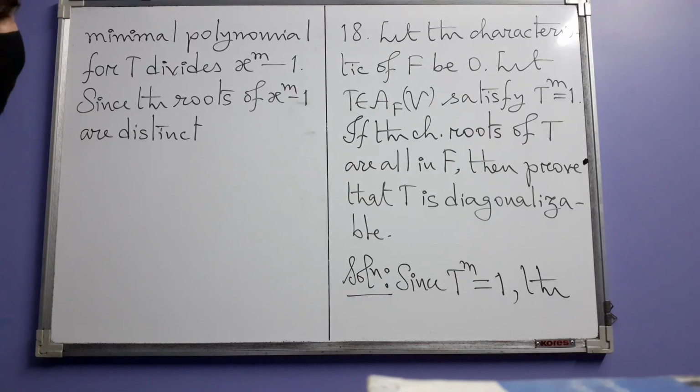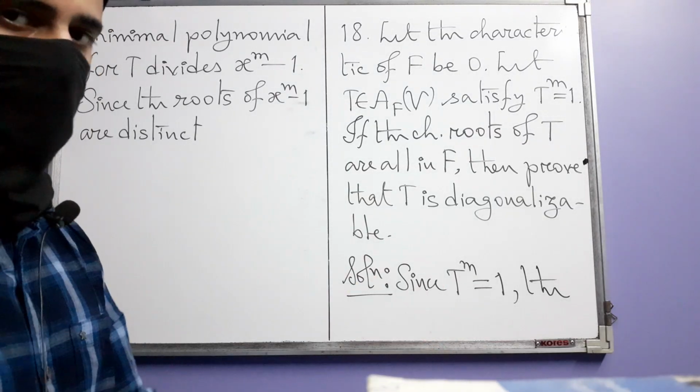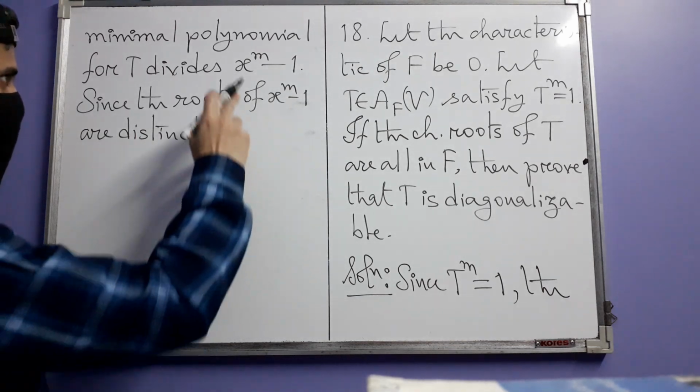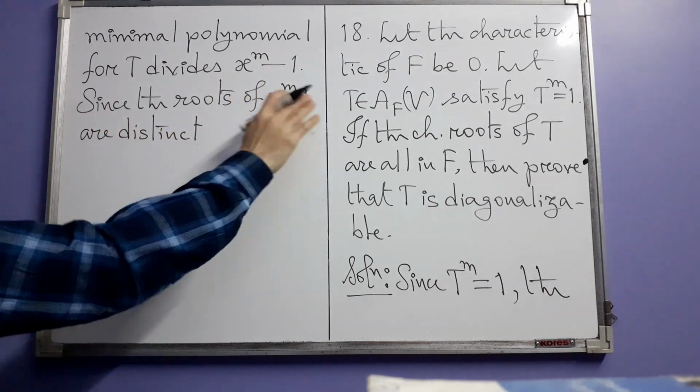So the roots of the minimal polynomial for T, whatever it is, will also automatically be distinct, because those roots will be among the roots of this polynomial.